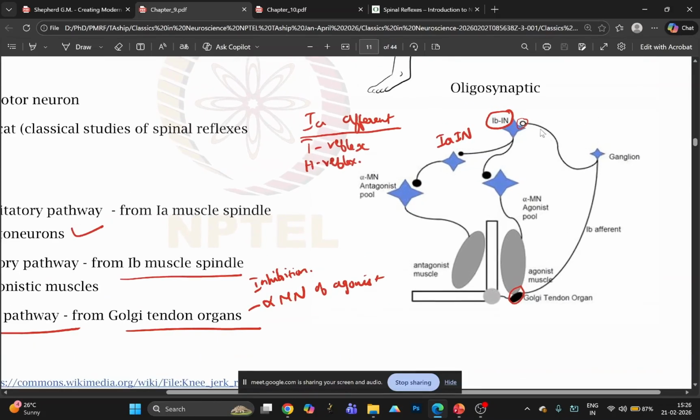What that means is that there might be several synaptic connections. It is not just one or two. There are several. For example, the 1B might synapse with another interneuron, that is the 1A interneuron, and then that goes and inhibits the alpha motor neuron of the hamstring. So that one was an oligosynaptic pathway.